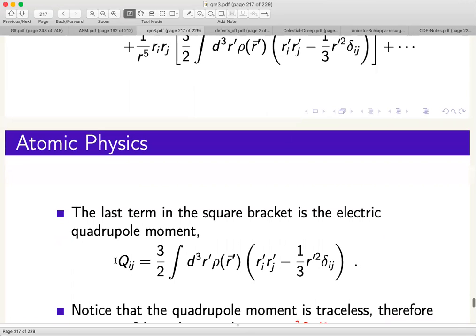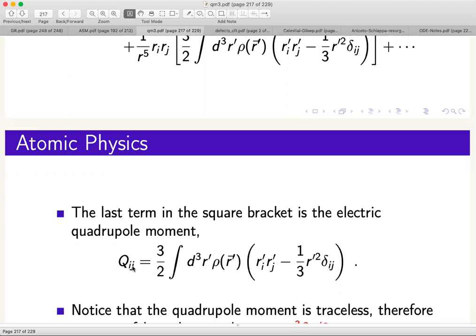We'll call it Qij, and it is 3 by 2 times this expression. Now notice that this term is actually traceless. That means if you take Qii, then you get that expression. This term would cancel with this piece, and therefore there is no trace of this Qij.